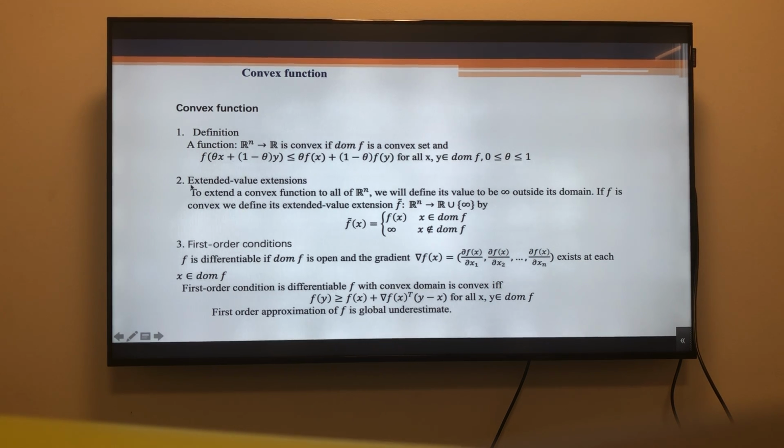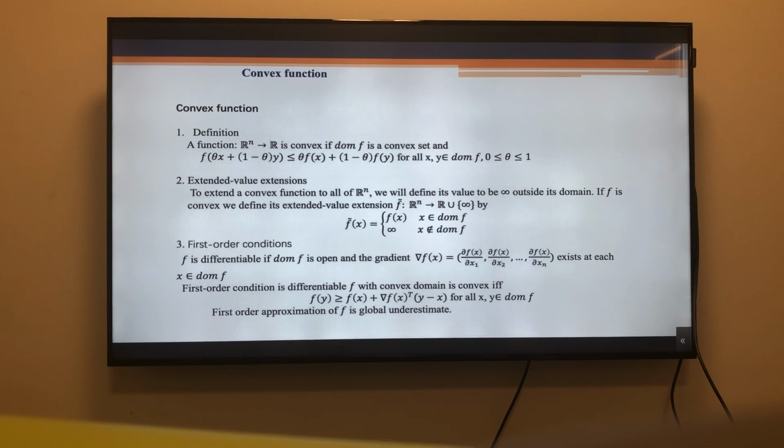For the extended value extension, if we want to extend a convex function, we need to define its value to be infinity outside of its domain.